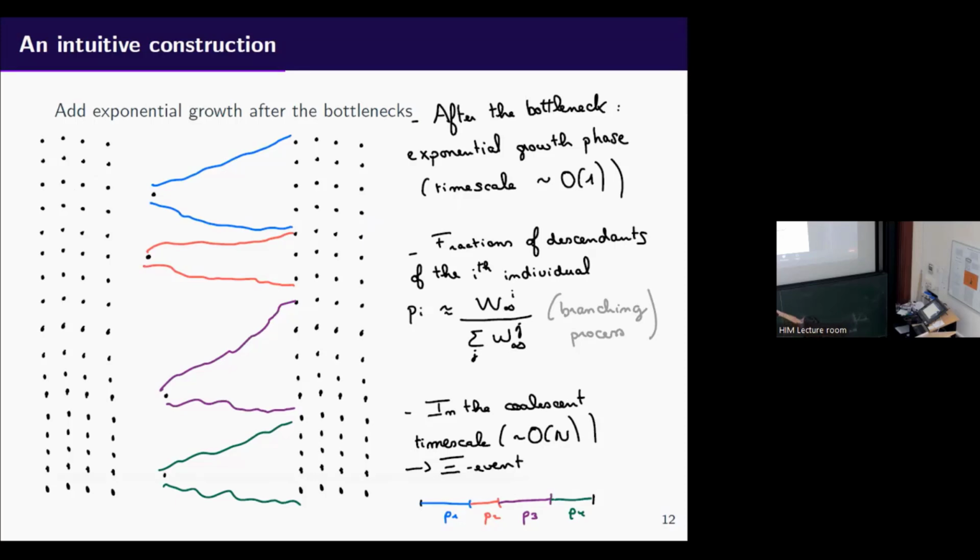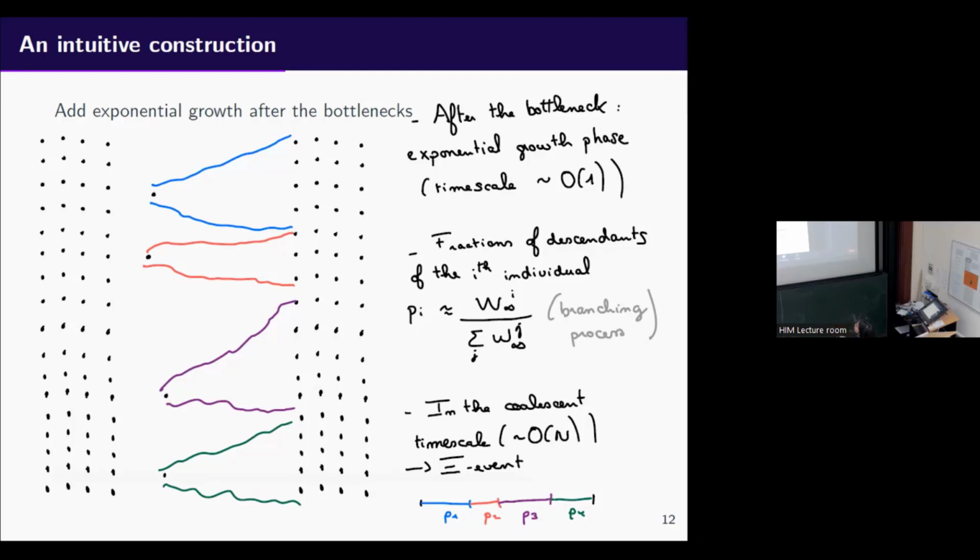So right after the bottleneck, what will happen is that the individuals will start to reproduce. So imagine you have like a branching process, and each of these 4 individuals will have some progeny, until we get back to the normal population size. Okay.